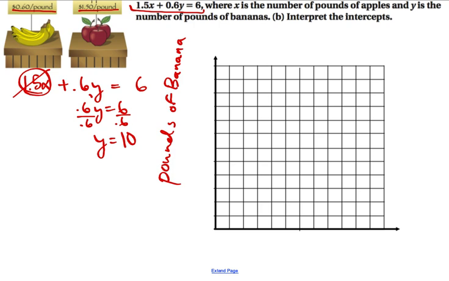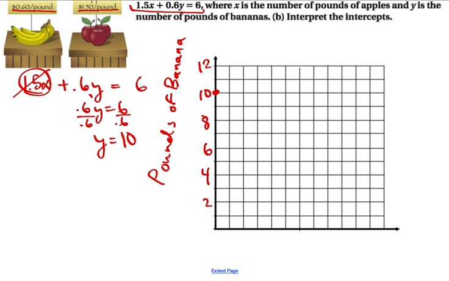I should make that a capital P. And if it's got to get all the way up to 10, I think I can do that just fine by counting by ones. I'm just labeling every other one. There's 10 pounds of banana.